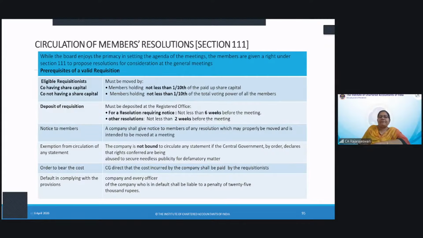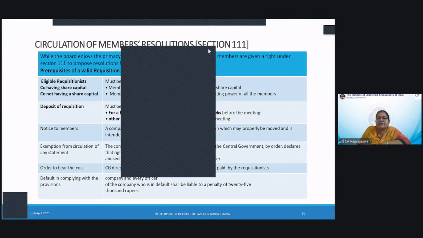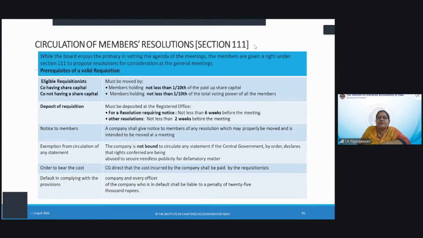Then, circulation of members' resolution. So whatever resolution has been passed, they are given the right to propose the resolution.